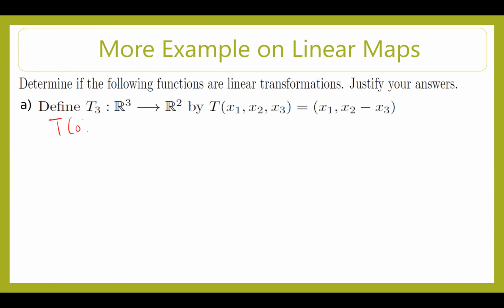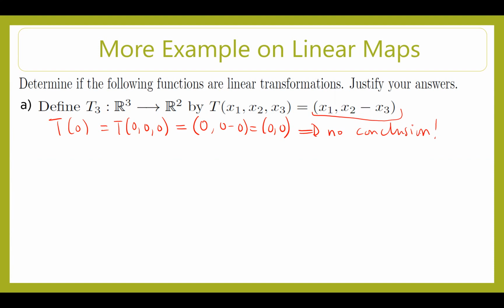So T of 0, 0, 0 means that x1 is 0, x2 is 0, x3 is 0. So by this definition of T, you will have 0, 0 minus 0, which is 0, 0. This implies no conclusion.